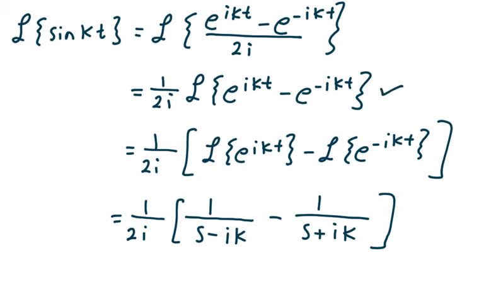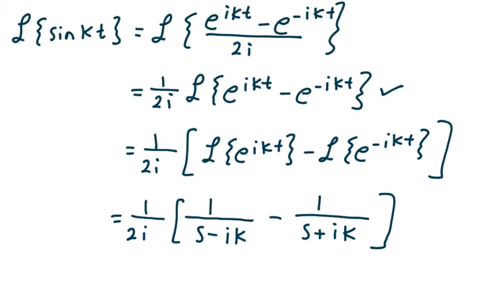Now what we can do is split them up. And so this is 1 over 2i times the Laplace transform of e to the ikt minus the Laplace transform of e to the negative ikt.